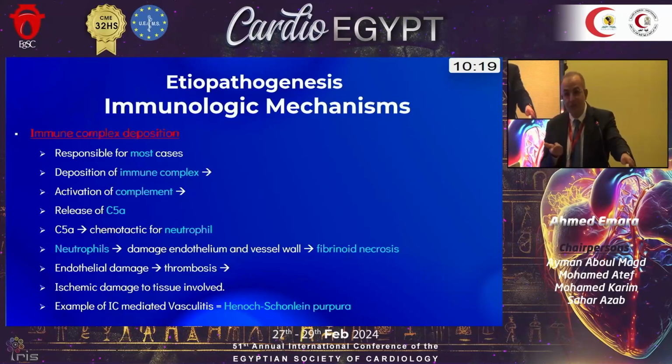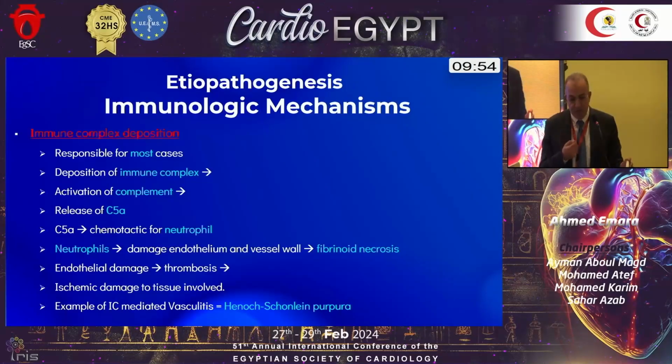This immune complex triggers the release of a series of proteins from the liver called complements, activated in a specific cascade. When activated, especially complement type A, it attracts neutrophils. The activated neutrophils directly attack the vessel wall, the endothelium, causing fibrinonecrosis, and consequently this fibrinonecrosis may result in either thrombosis or weakness of the wall causing aneurysm.